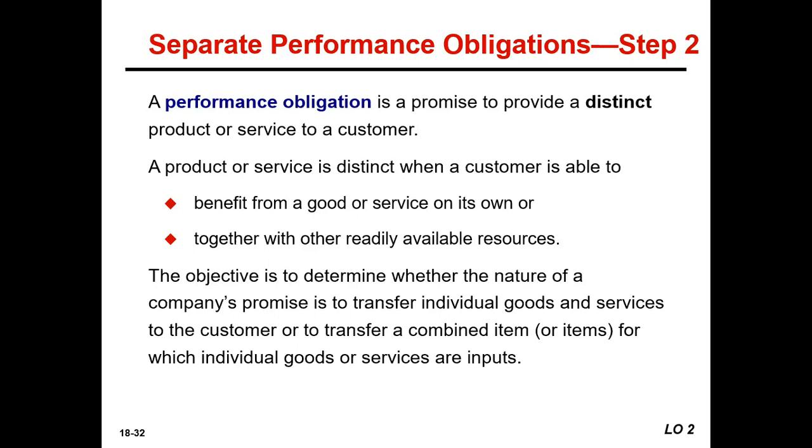The objective here is to determine whether the nature of a company's promise is to transfer individual goods and services to the customer or to transfer a combined item or items for which individual goods or services are inputs.